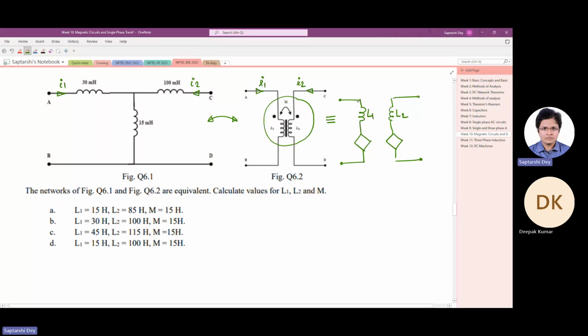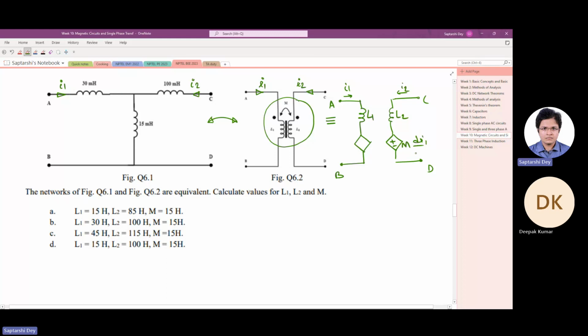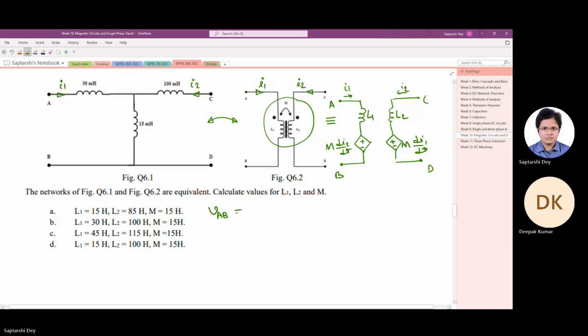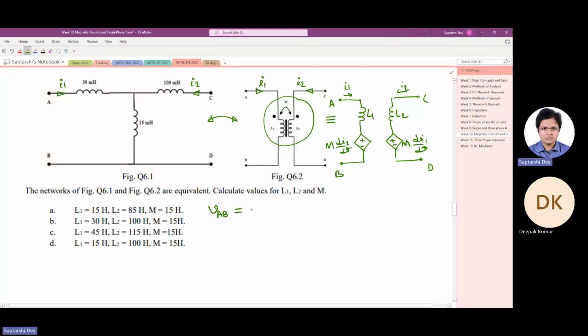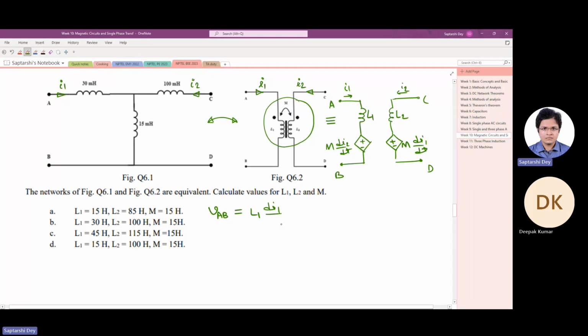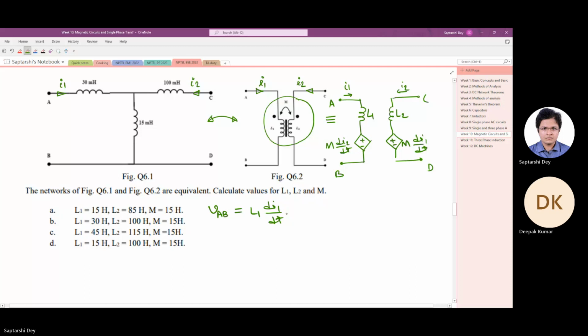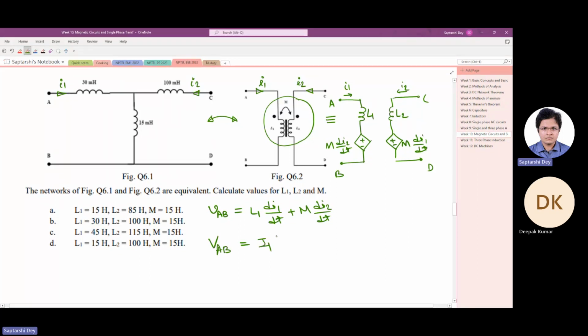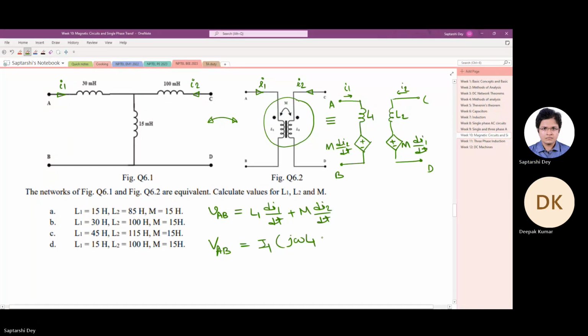So this is L1, this is L2, I1, I2, A, B, C, D here. It is coming this way, so M, coming this way, so M. So from here we can write that VAB is equal to L1 di1/dt plus M di2/dt, or in frequency domain I can write VAB equals I1 times (j omega L1 plus j omega M).